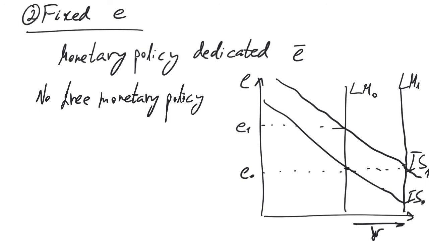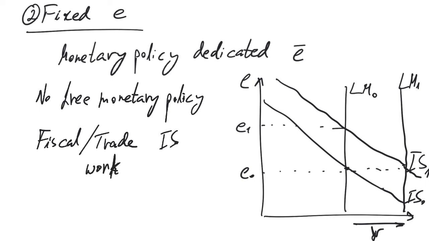But now the monetary policy has to track or follow the fiscal policy, and now the fiscal policy or trade policy that move the IS work. So in the first option, when we choose a floating exchange rate, only the monetary policy works. Here, basically the fiscal policy works because it's done in collaboration or together with a monetary policy that follows along.